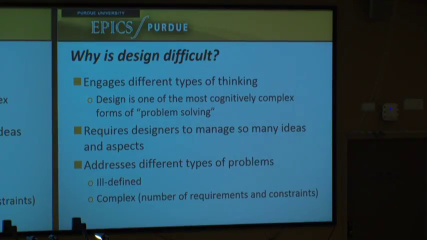And that gets to be difficult. We can only manage so many things in our brain at one time. So part of why we have a design process and the tools that we do is to help offload some of the cognitive load so that you can do the design.